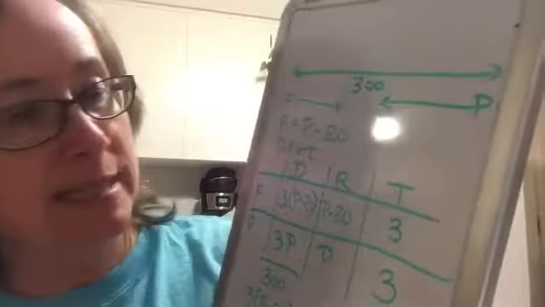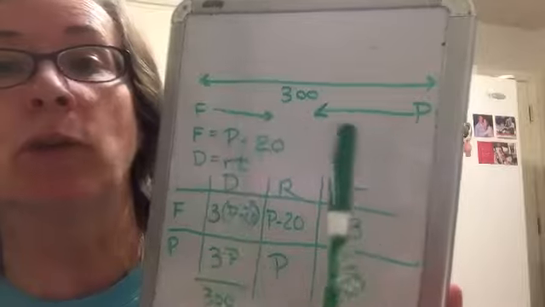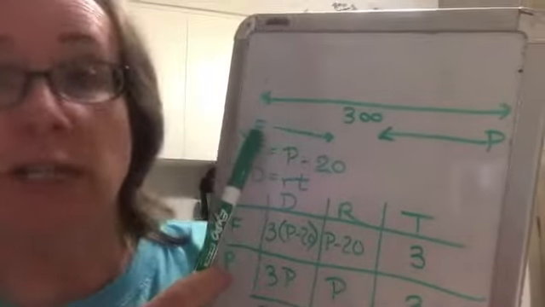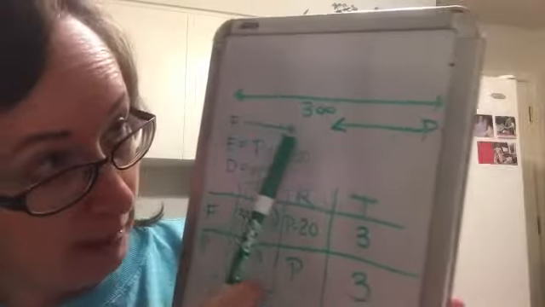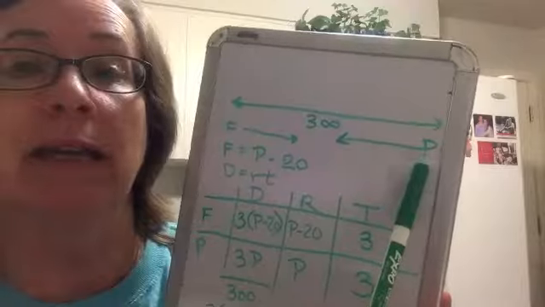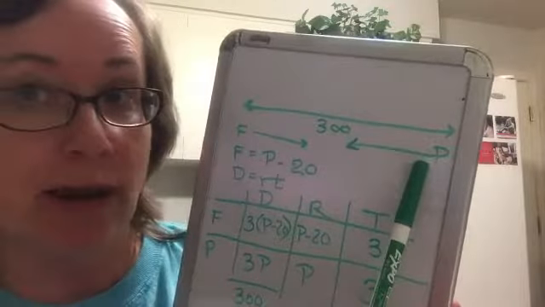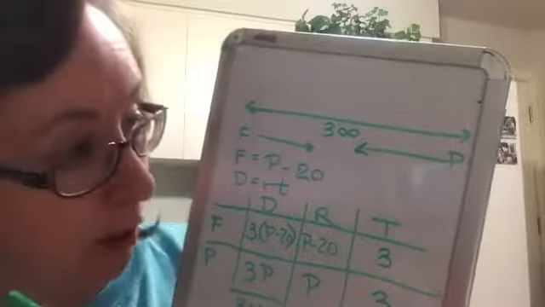All right, so I always like to draw a picture of the situation. Now this is a picture of our word problem. We have a freight train leaving from one city, and we have a passenger train leaving from another city, and the two trains are traveling toward each other, and they are 300 miles apart.